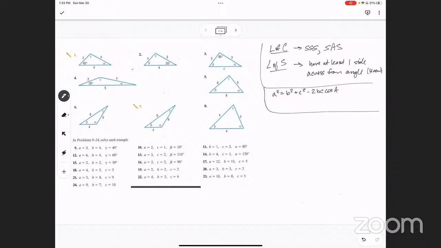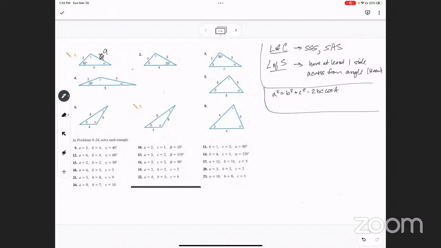So number one is 2, 45, and 4. We're going to think of this B as our A, because sometimes it helps if you rename the variables.